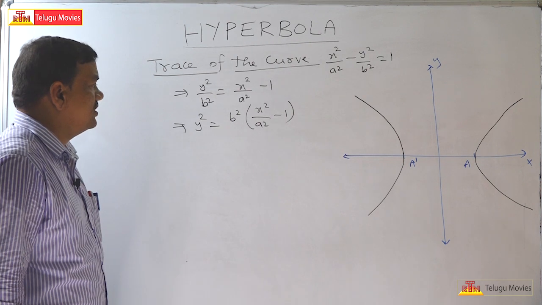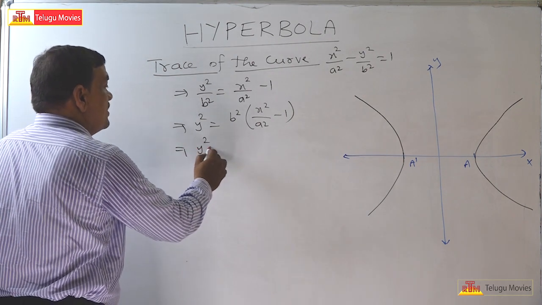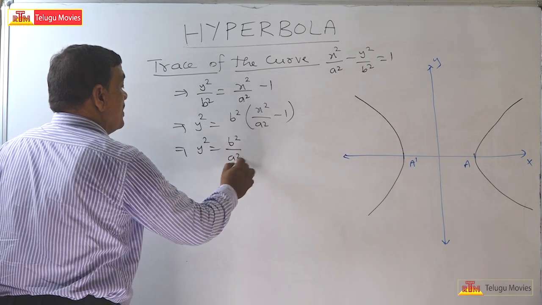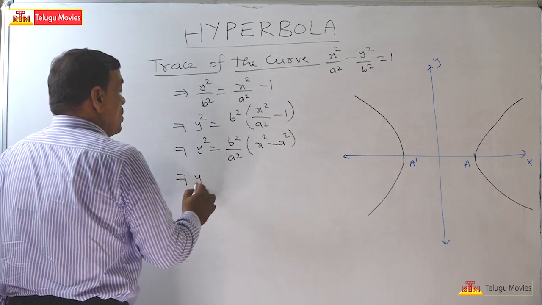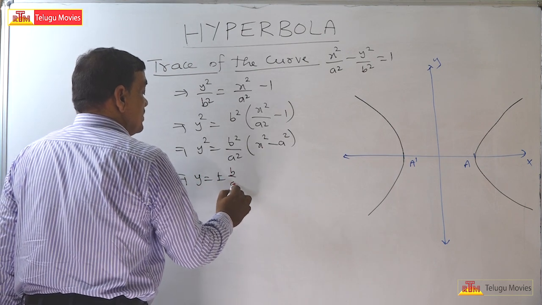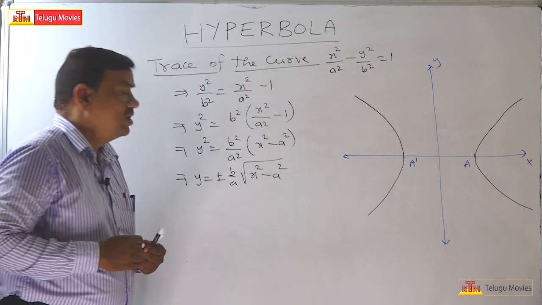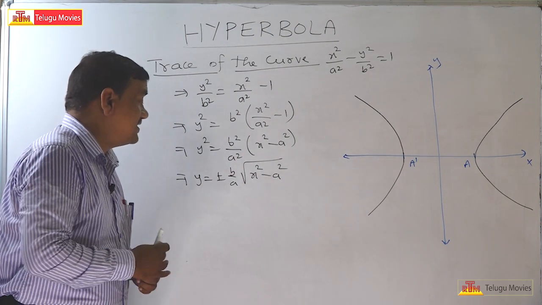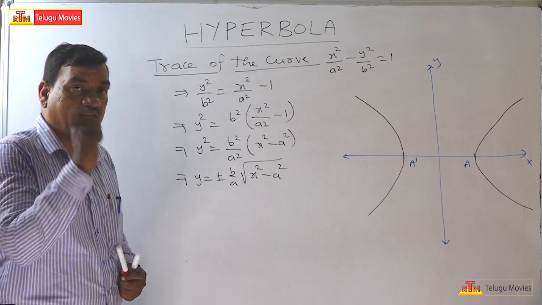So we can write it as y square is equal to b square by a square into x square minus a square. On the whole, y is equal to plus or minus b by a square root of x square minus a square. So on the whole, I wrote y as the subject.